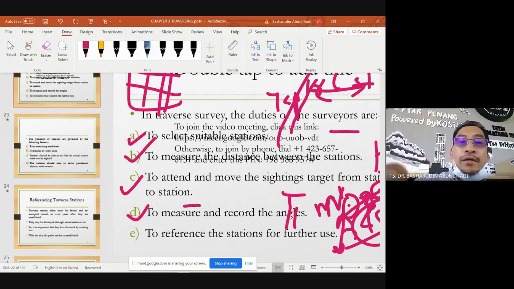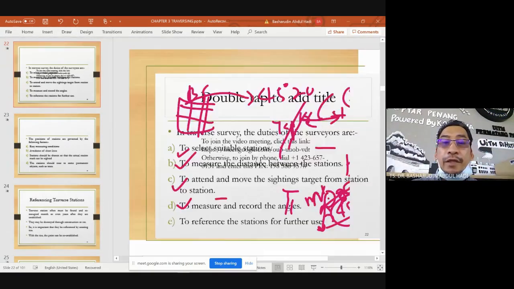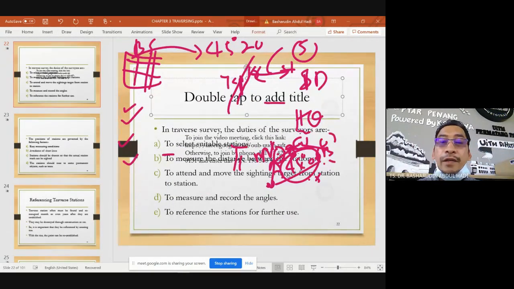Let me reduce this one first. Okay. All right. So we have number 4, to measure and record the angles, and then to reference the station for further use.